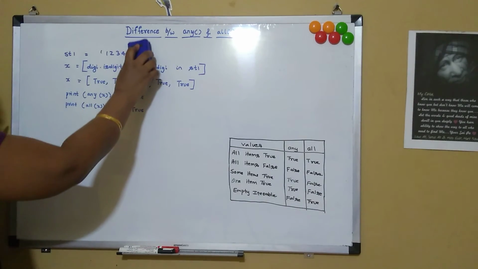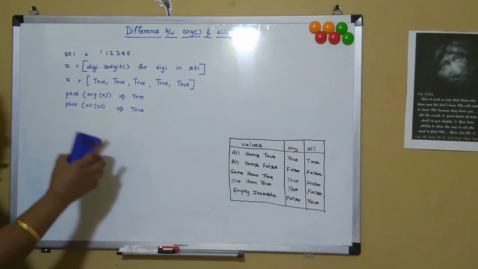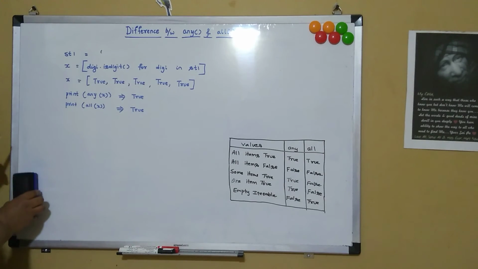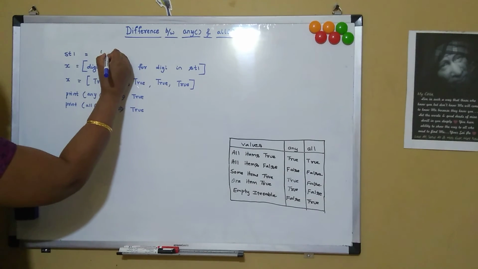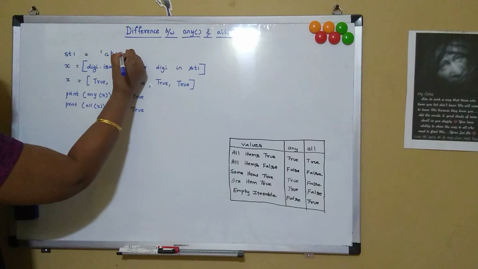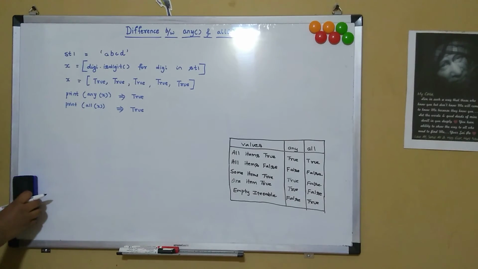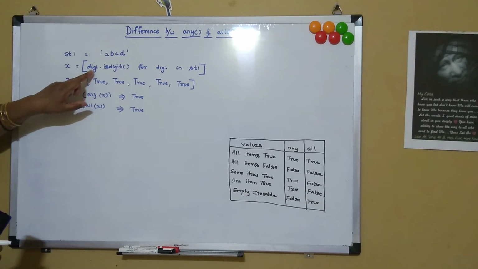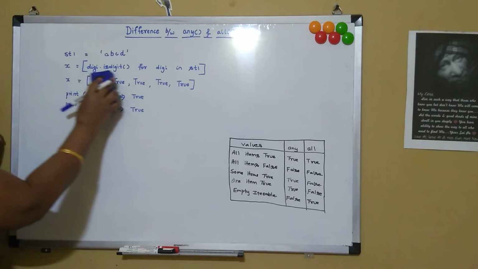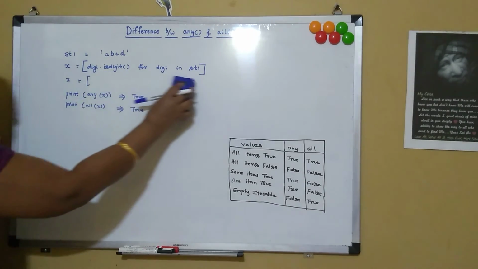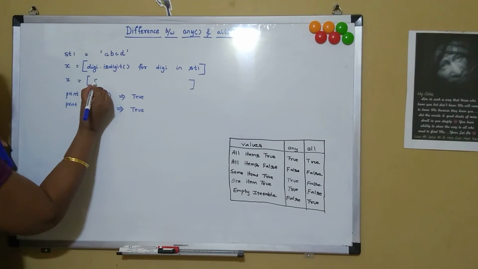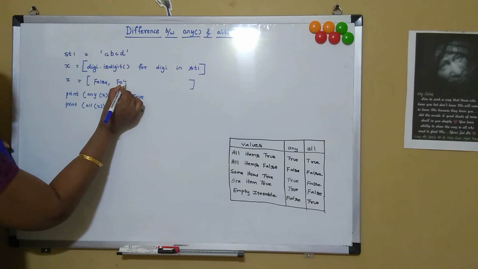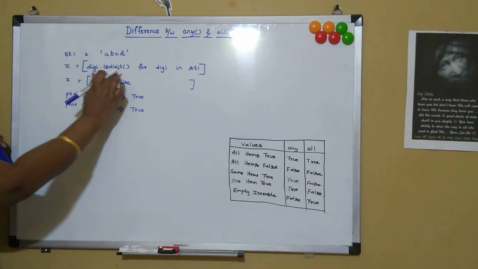Now, let me say for the second one, all items are false. So let me give A, B, C, D. So it will check for the digi will be A for the first time. A is digit? No. So it will give a value equal to false. For B also it will give false because we are checking isdigit function.